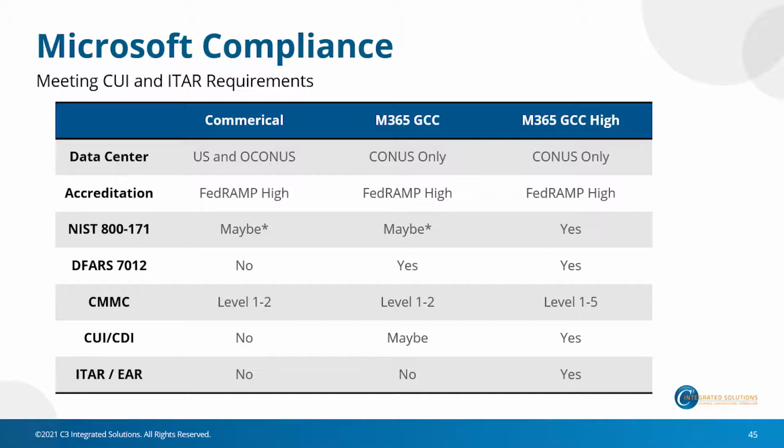Microsoft's perspective is they have no way of knowing what flavor your CUI is. It may or may not include export control data, but if it does, it absolutely needs to be in GCC High. If you have any doubt, your most risk-averse choice is to go into GCC High.